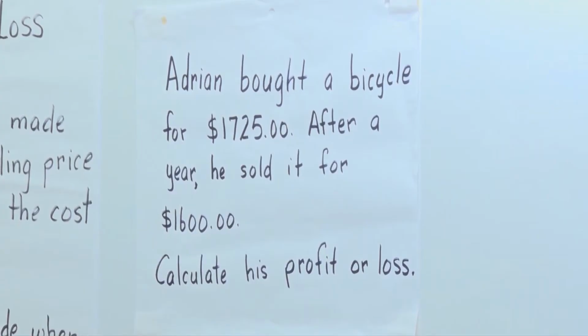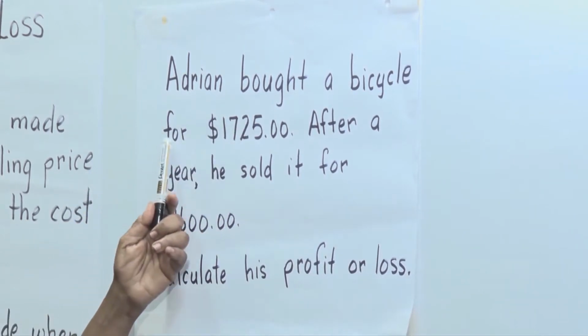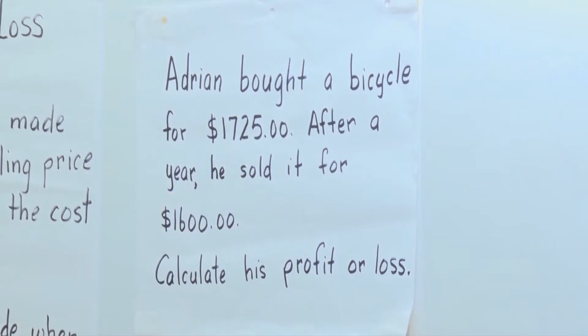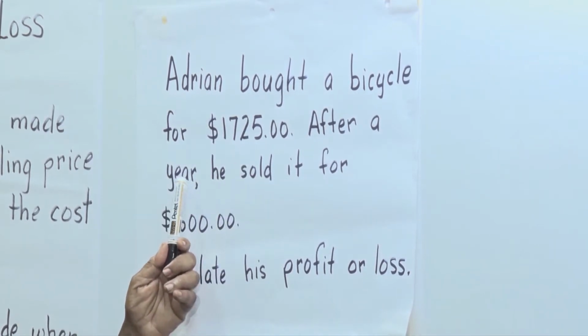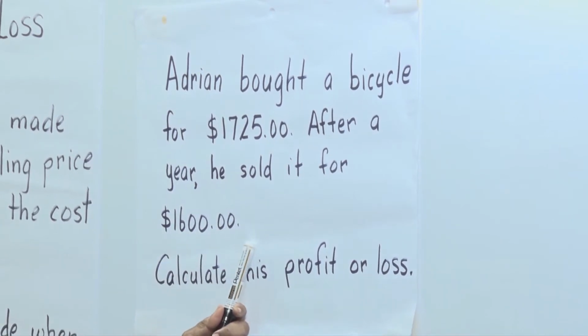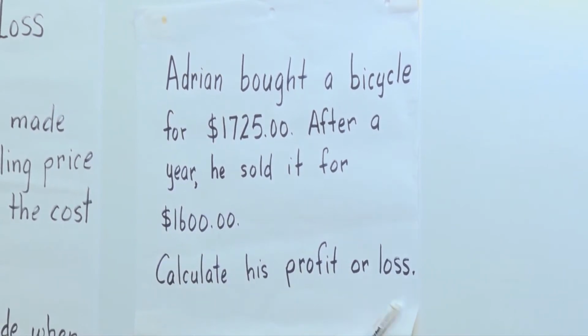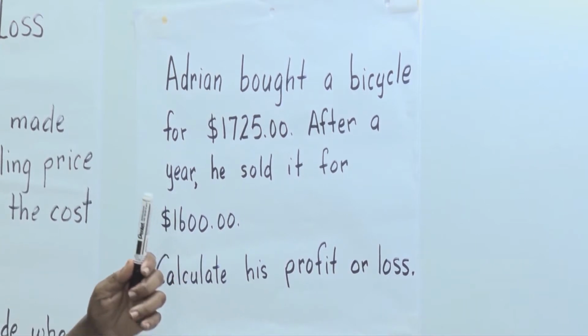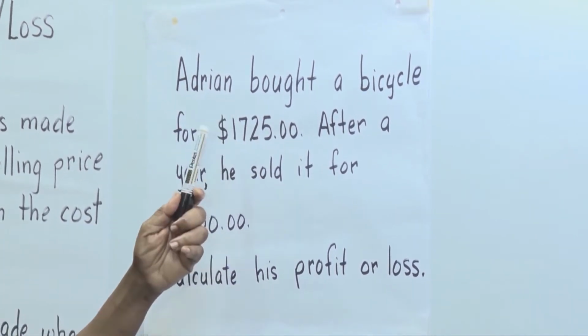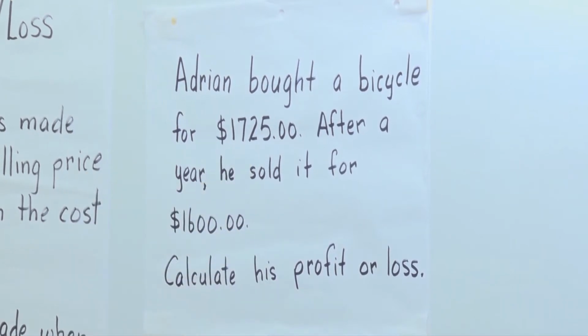Our first question. Adrian bought a bicycle for $1,725. After a year, he sold it for $1,600. Calculate his profit or loss. Again, Adrian bought a bicycle for $1,725.